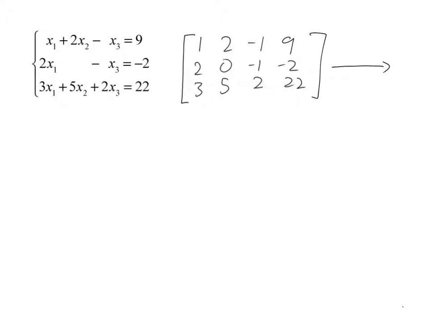In order to get a 0 here, I'm going to multiply this by 3 and subtract it from row 3. So I'm going to take 3 times row 1 and subtract it from row 3, and then replace row 3 with that.